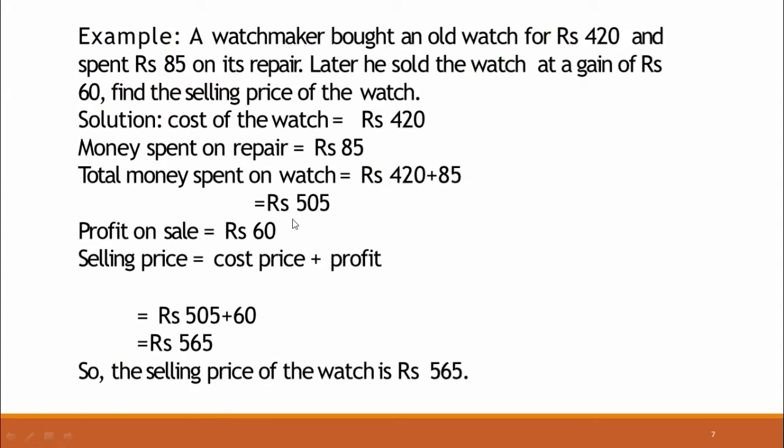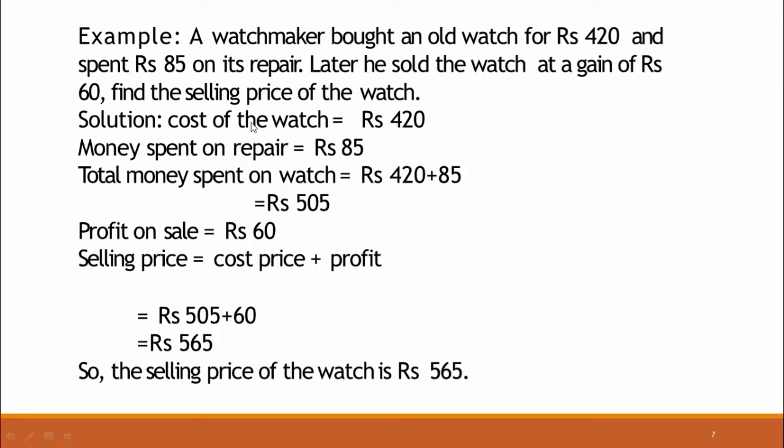Now let's move to an example. A watchmaker bought an old watch for Rs 420 and spent Rs 85 on its repair. Later he sold the watch at a gain of Rs 60. Find the selling price of the watch.